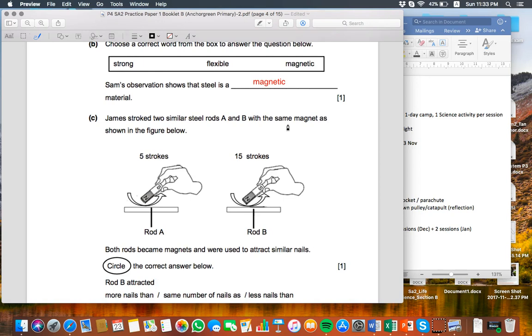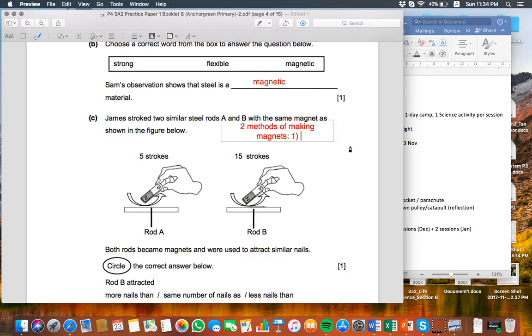Next. James stroked two similar steel rods A and B with the same magnet as shown in the figure below. Rod A is stroked 5 times and rod B is stroked 15 times. We learned from the last chapter on making magnets that there are two methods of making magnets, right?